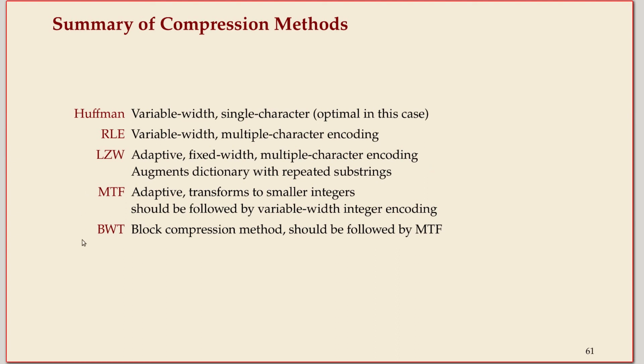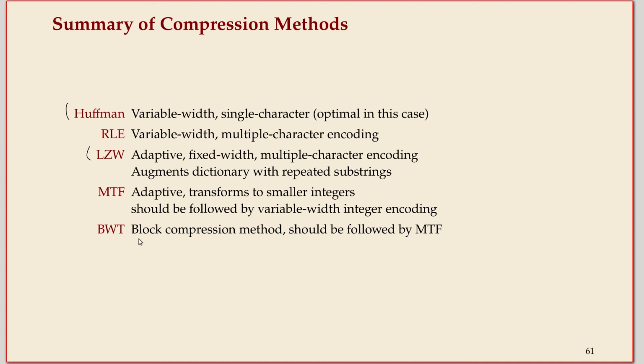And then there were the 2 transformations that made a text more compressible than it otherwise seemed, specifically these 2 methods. And that's move to front, where we kept this move to front list of alphabet characters and thereby could turn certain patterns into runs or skewed distributions over the characters.